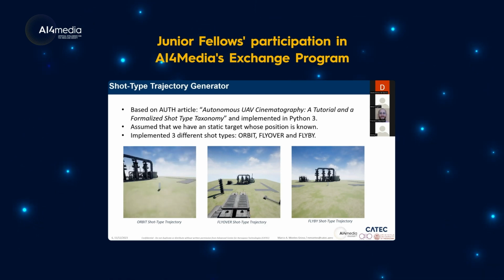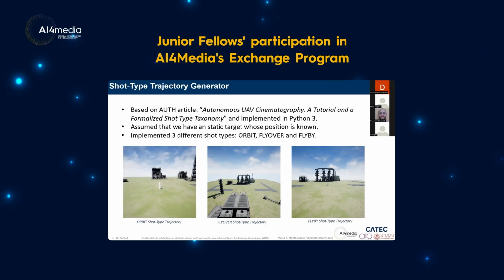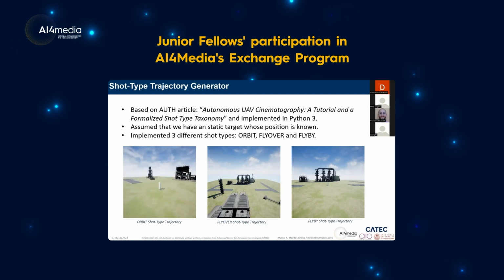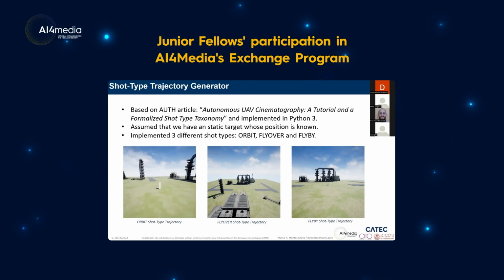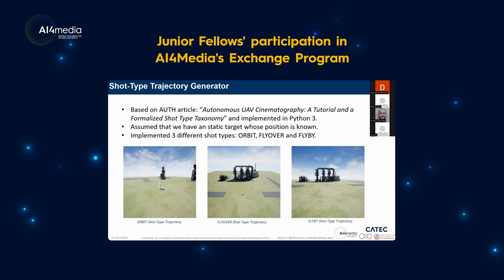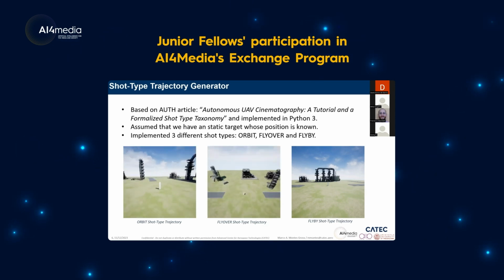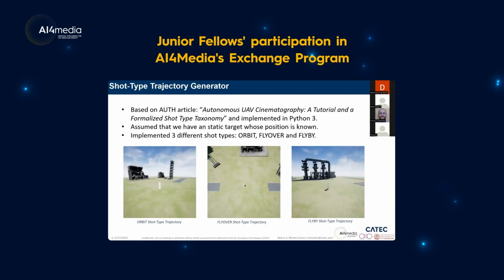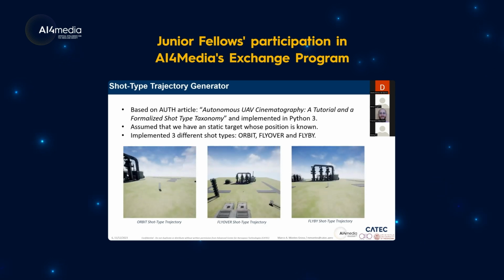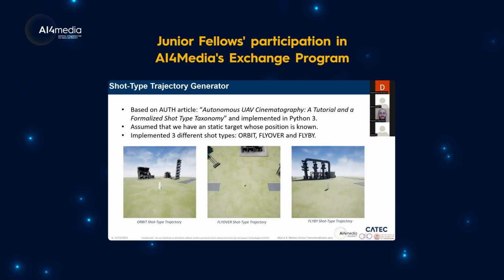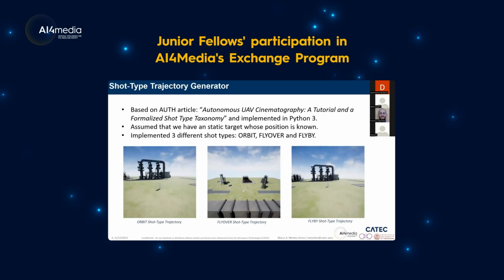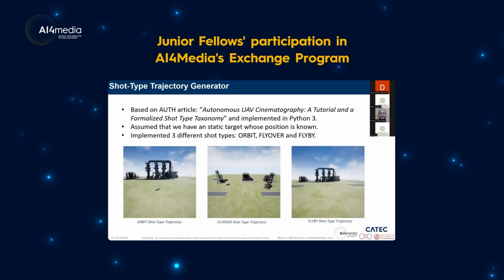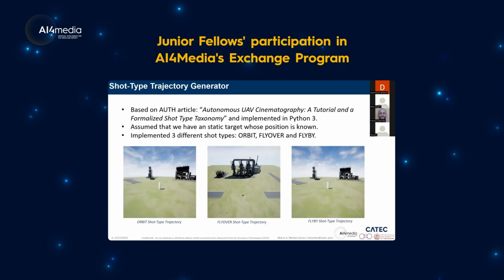The first one is the orbit one, that is basically a rotation around a fixed point, that is the object, the object of interest. The other one is the flyover, that is basically a movement pointing and keeping the object in the middle of the camera. And the last one is the flyby, that is taking the object at a fixed distance from the camera. So we decided to implement these three options in our tool.